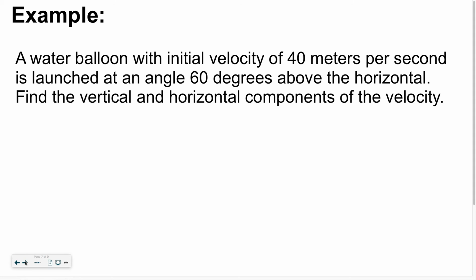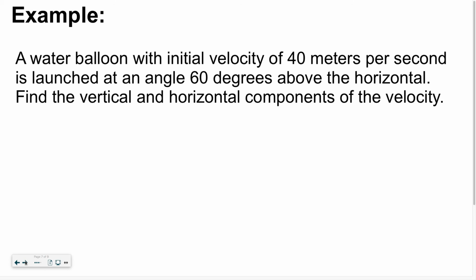And we want to find vertical and horizontal components for the velocity. So this is leading us into tomorrow, where we're going to introduce the work and force problems. What's important for tomorrow is that you can pick the one component that you want, whether it be horizontal component or vertical component, but you won't need all of it. Okay. So you'll need to be able to distinguish between the two.